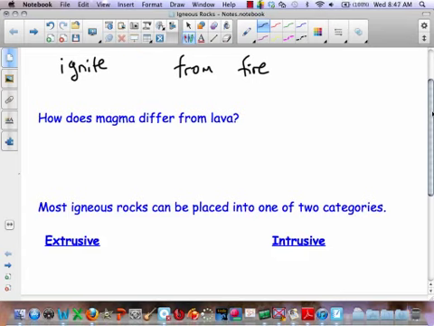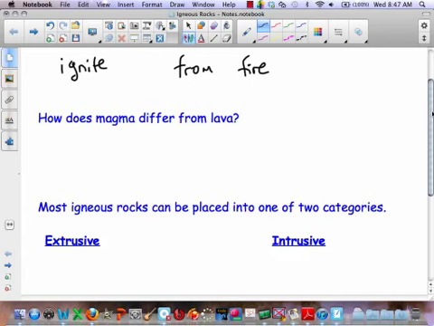Now, take back what we learned on Monday. If I'm extrusive, what does that imply? Extrusive meaning the exterior, so we're on the outside, right? So extrusive igneous cools where? Outside. So they're cooling on the surface.